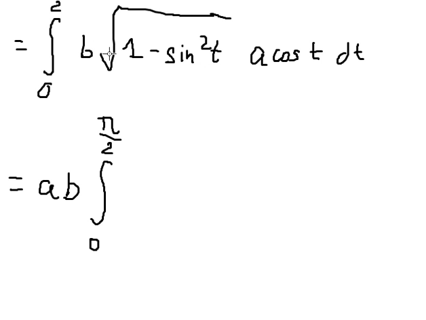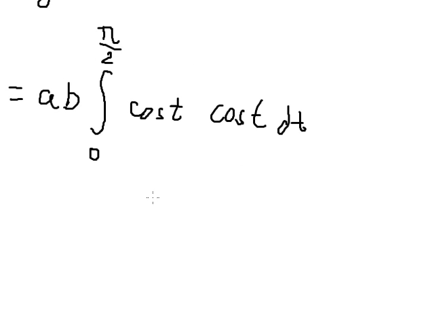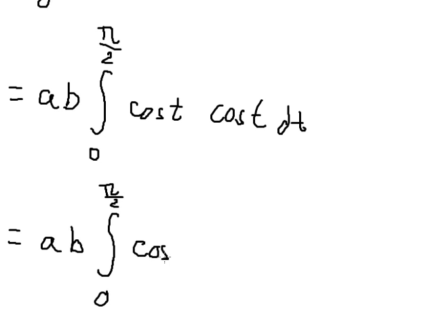The square root of cosine t square we have cosine t. And we have another cosine t in here. This one we have cosine t square dt.